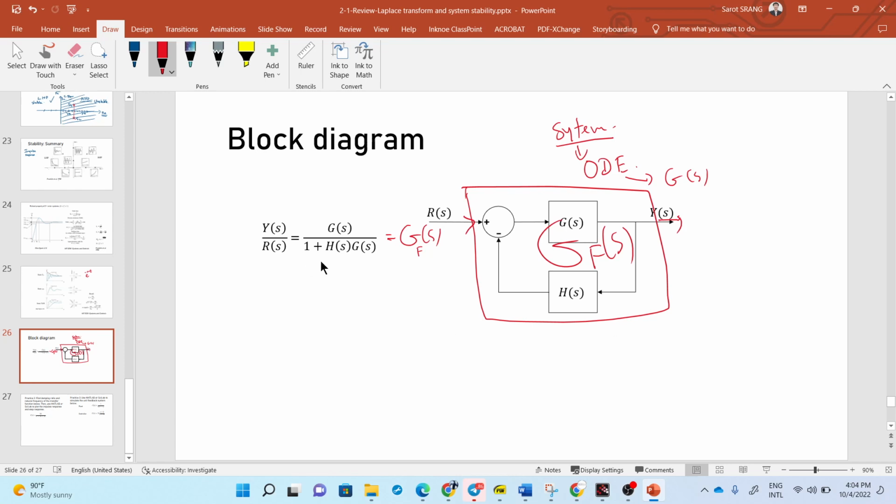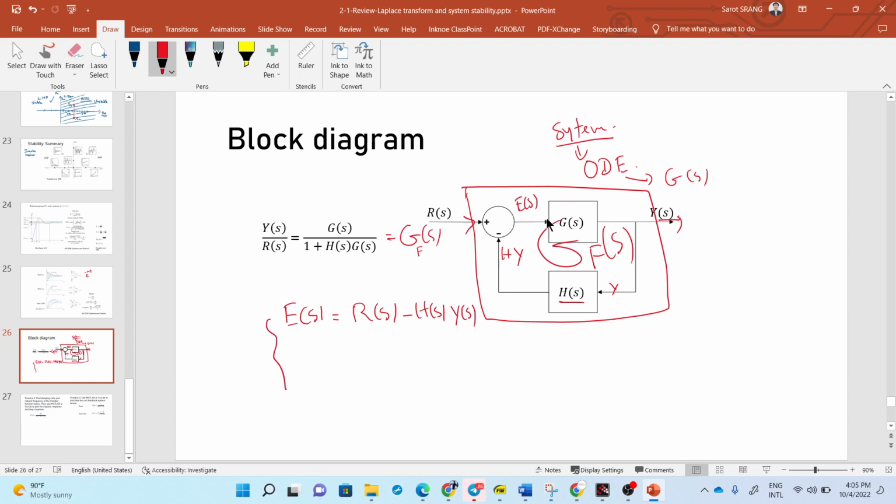So how can you find this? Actually, it's not difficult. You just denote the error E(s) here. You have E(s) equal to R(s) minus, because here you have Y, and then Y times this one, you have H times Y, right? So you have H(s) times Y(s).